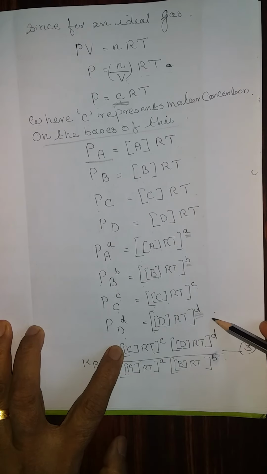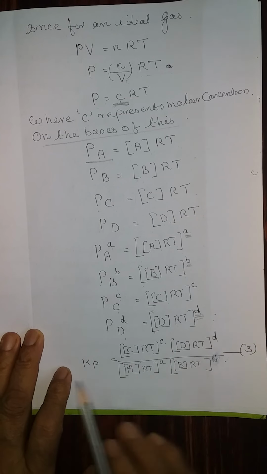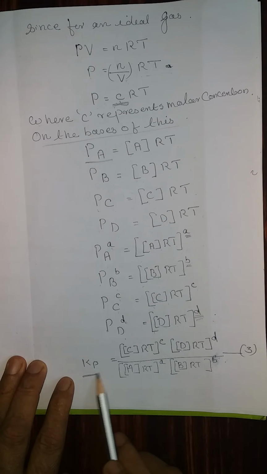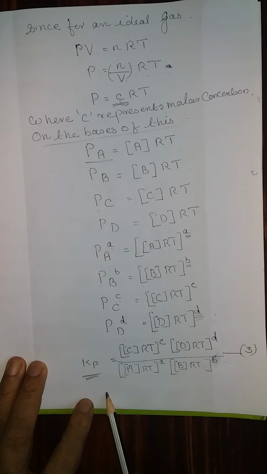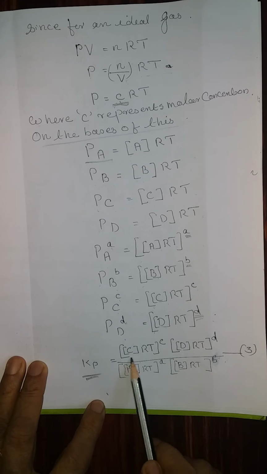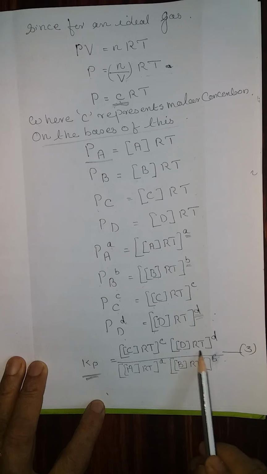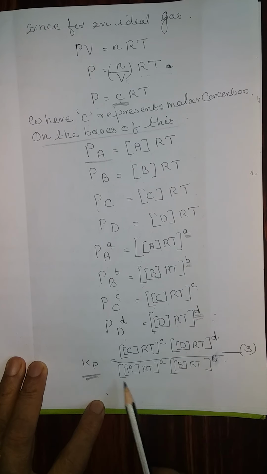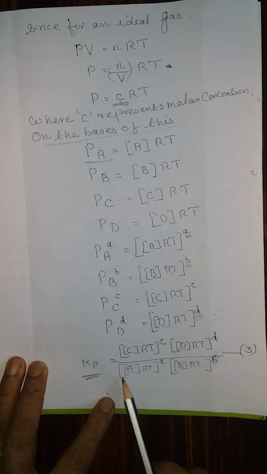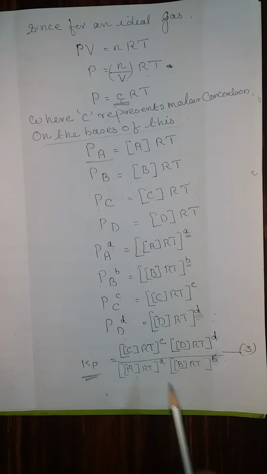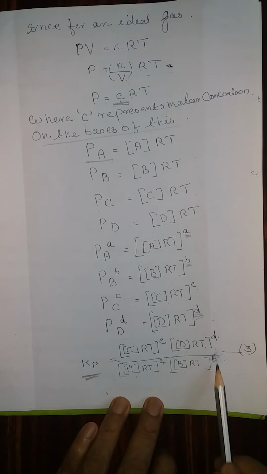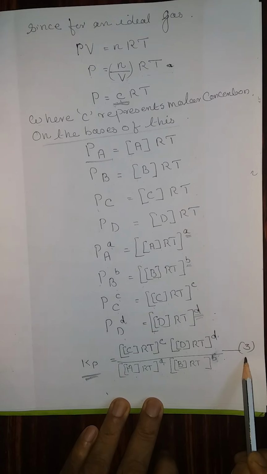If you get these two values correctly, you can write what is Kp. Kp is equal to concentration of C times RT raised to the power c, concentration of D times RT raised to the power d, divided by concentration of A times RT raised to the power a, concentration of B times RT raised to the power b. That is equation number 3.